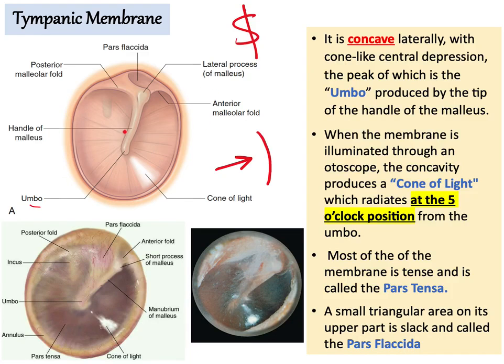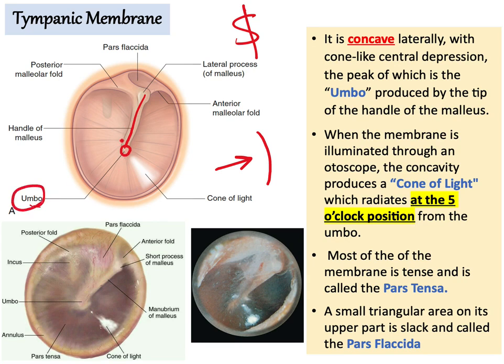So you look at the lateral surface using an otoscope in the patient's ear, and you get this view in which you see the shadow of the handle of the malleus, and the tip of this handle is the deepest concave point, called the umbo.